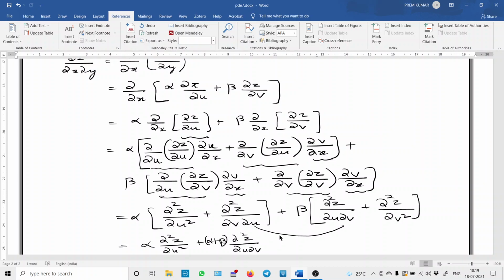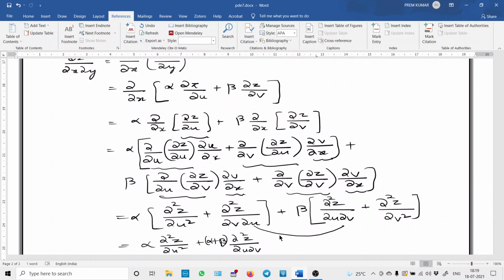Therefore, the given PDE is ∂²z/∂x² minus 5 into ∂²z/∂x∂y plus 6 into ∂²z/∂y². This is the given PDE. We have to transform it into this type.